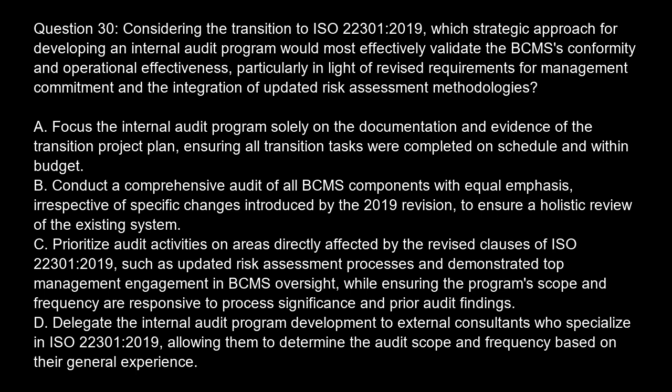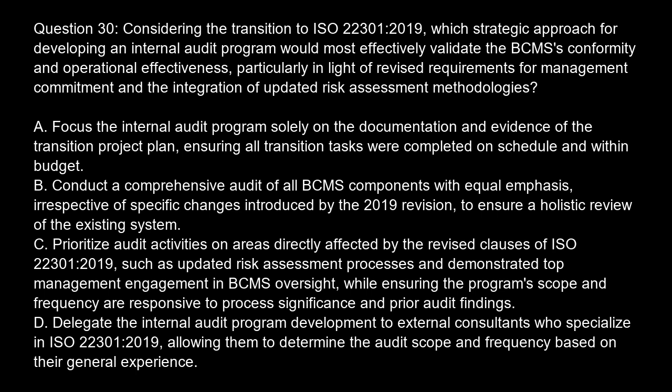Option B. Conduct a comprehensive audit of all BCMS components with equal emphasis, irrespective of specific changes introduced by the 2019 revision, to ensure a holistic review of the existing system. Option C. Prioritize audit activities on areas directly affected by the revised clauses of ISO 22301:2019, such as updated risk assessment processes and demonstrated top management engagement in BCMS oversight, while ensuring the program's scope and frequency are responsive to process significance and prior audit findings.